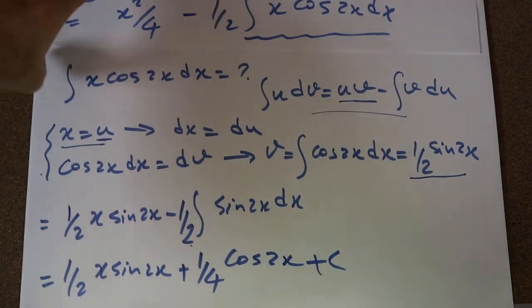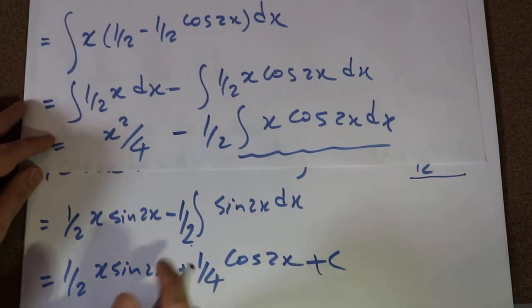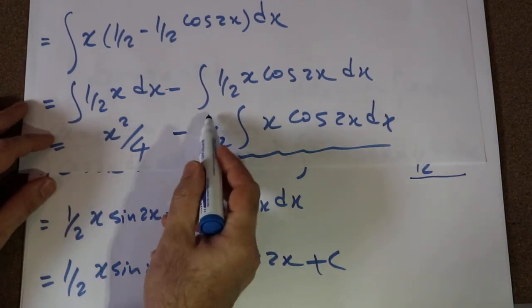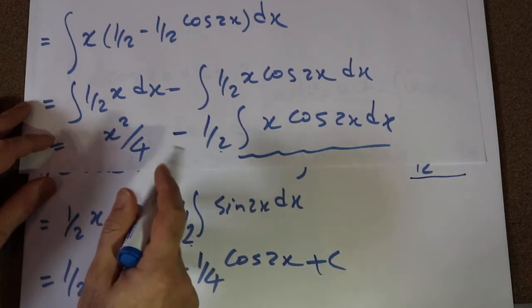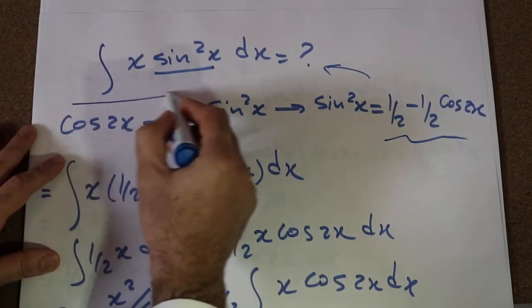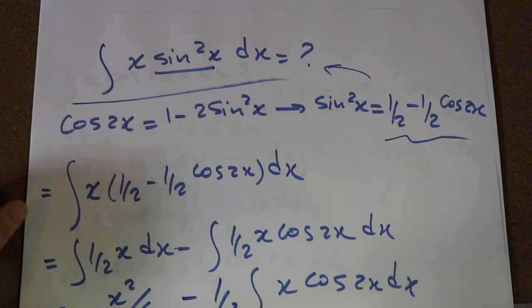Okay, so now you need to multiply this expression by minus 1 divided by 2 and then add it to this x squared divided by 4 to get the solution to this integral.